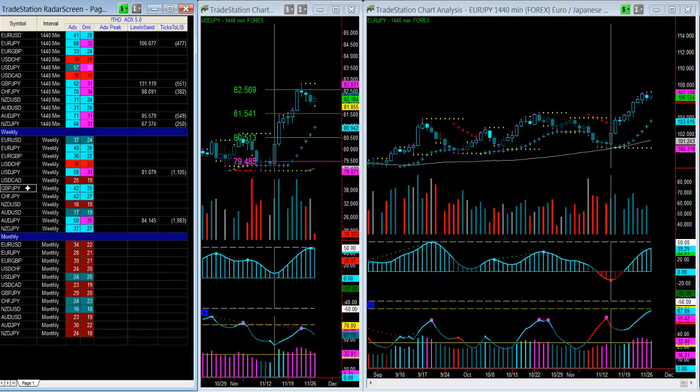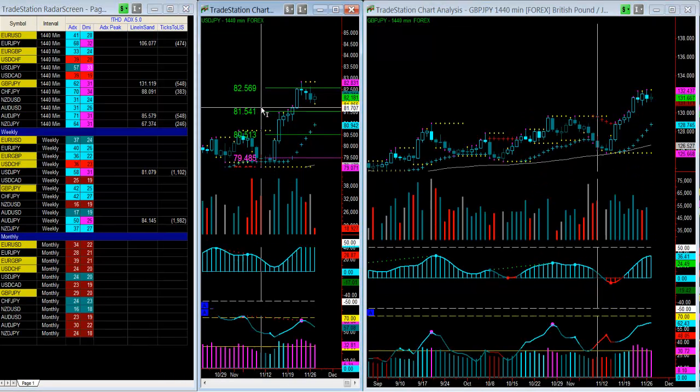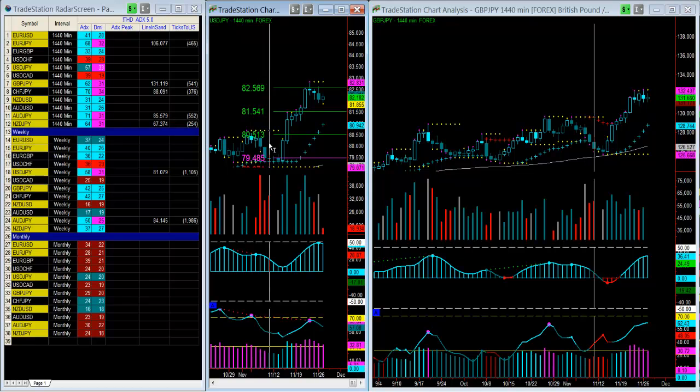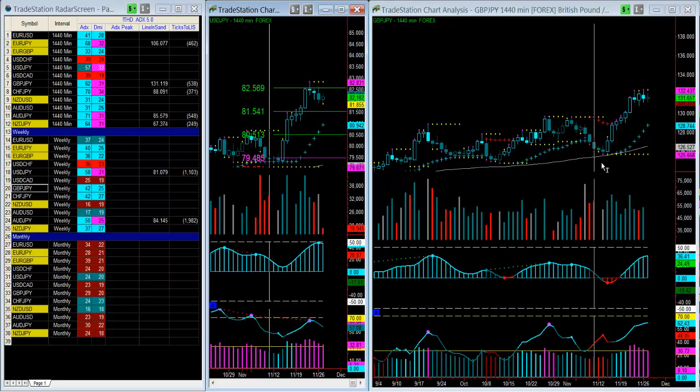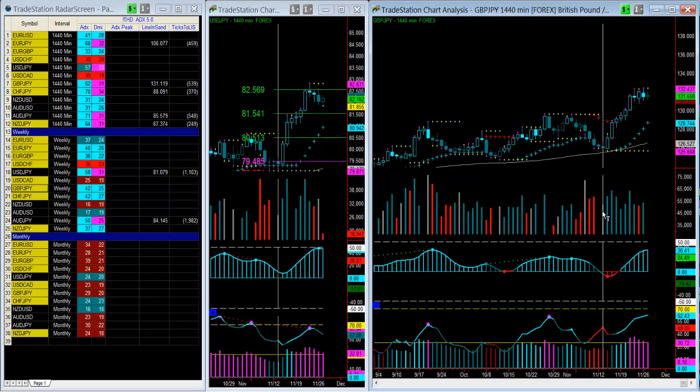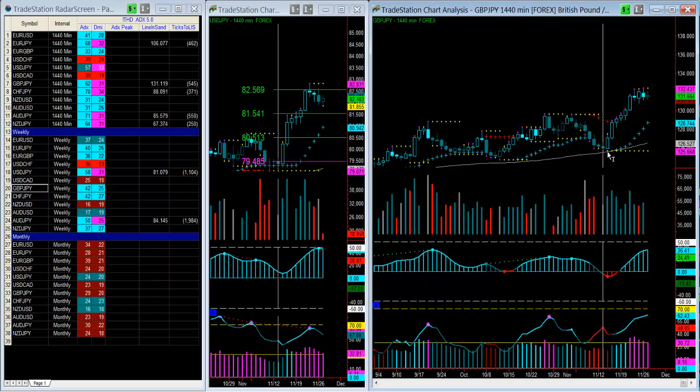On the British Pound Yen, and again, you want to make sure that you are lining them up here. You can see exactly the same thing happened. You got volume divergence on this bar as it pulled back to the slow moving average, and then a pop to the upside.